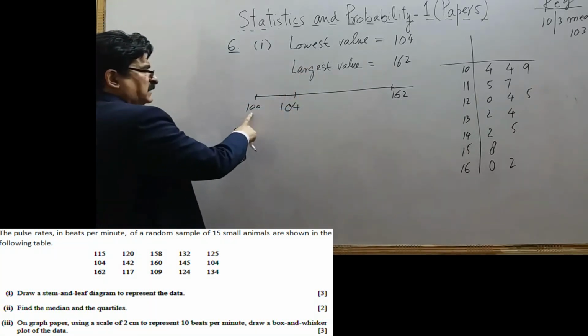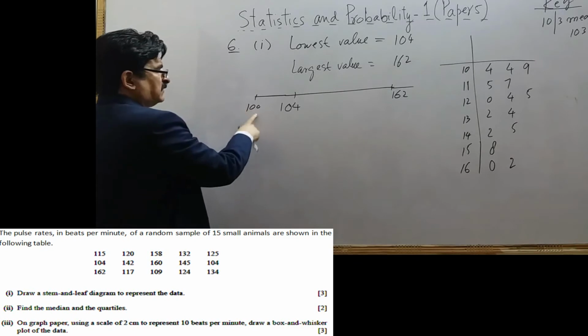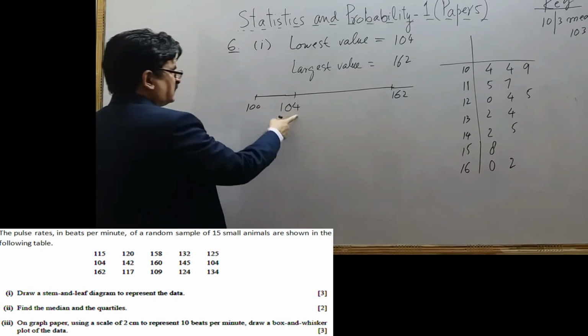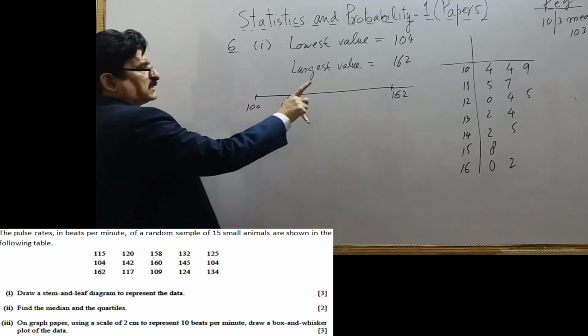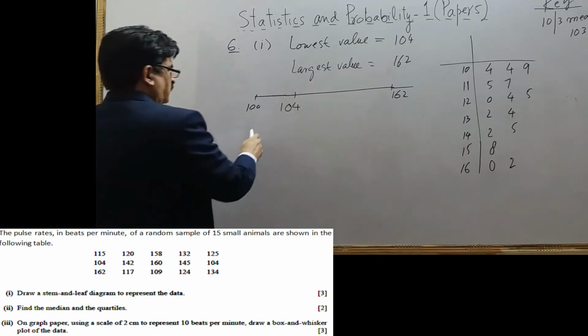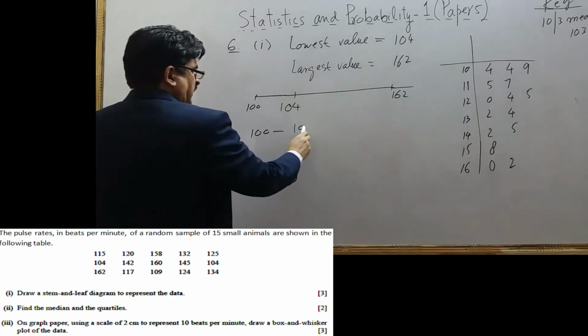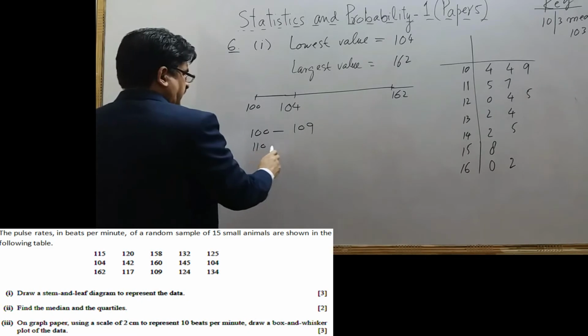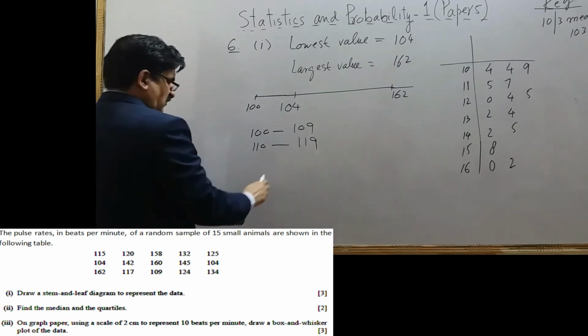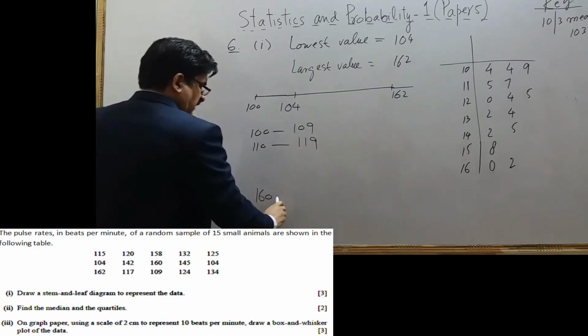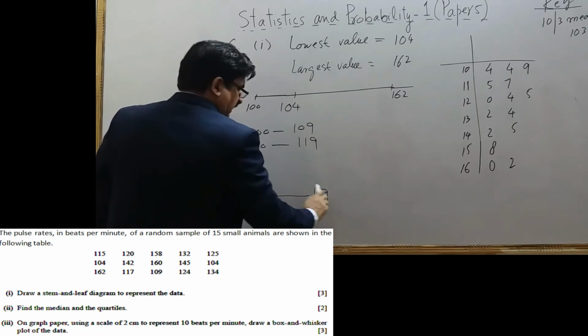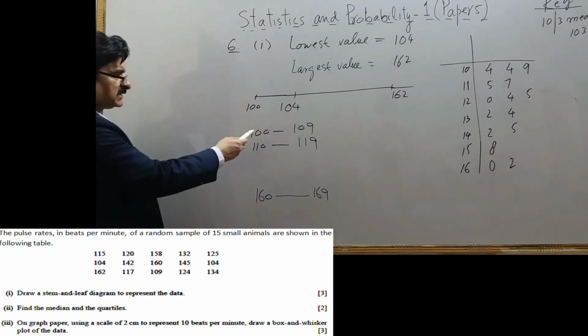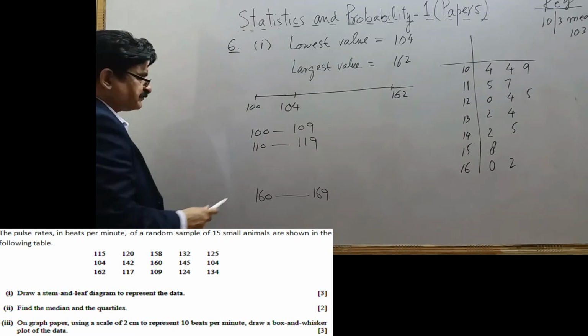So we start from 100. It will be more convenient for us instead of starting from 104. So we have classes from 100 to 109, then 110 to 119 and so on. The last class will be 160 to 169. So see that we have equal class width which is equal to 10.